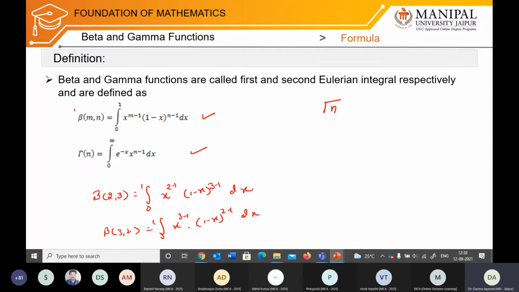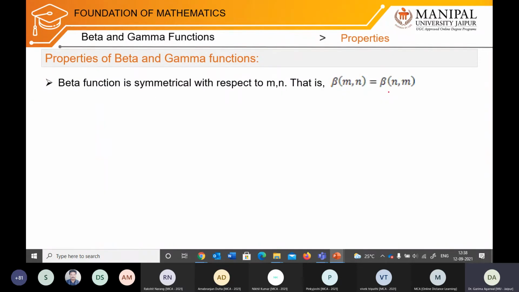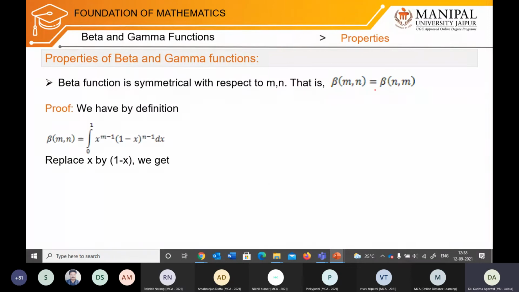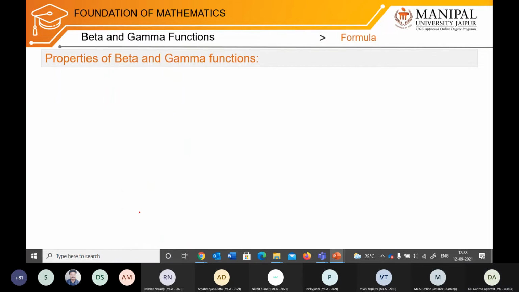If I integrate both the terms, I'll get the same value, right? That means beta m n is equal to beta n m. Here we have proof. This is the formula. If I replace x by 1 minus x, it will be converted into the other. So beta m n is equal to beta n m.